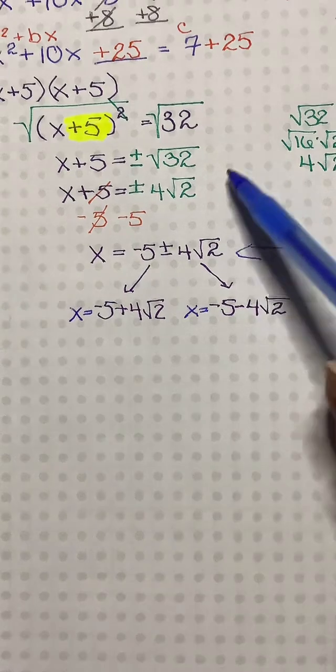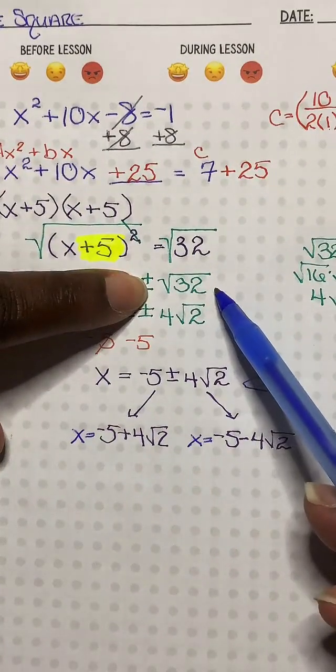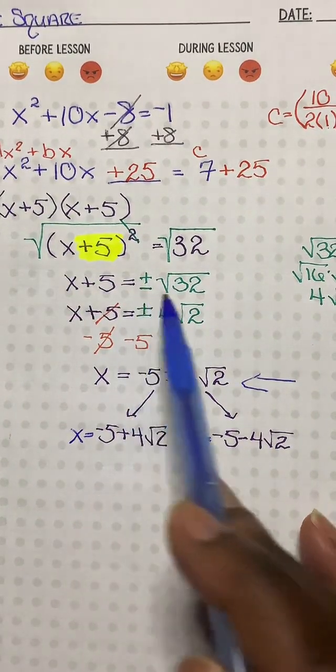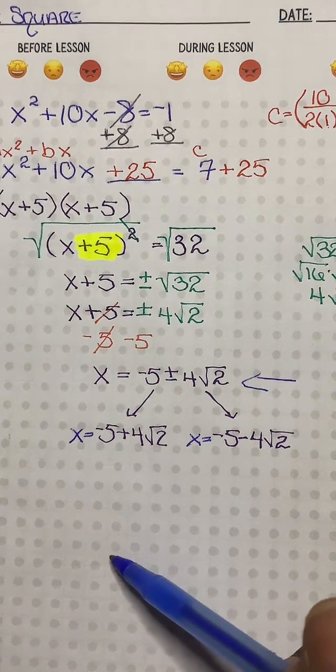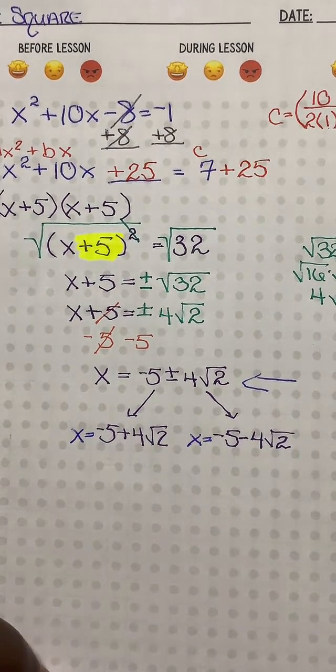So anytime you're coming from a square and then you're translating into a root, you always put the plus minus. But if you start with the root and you're going to a square, you don't put the plus minus. I know all these rules. I know so much. All right.